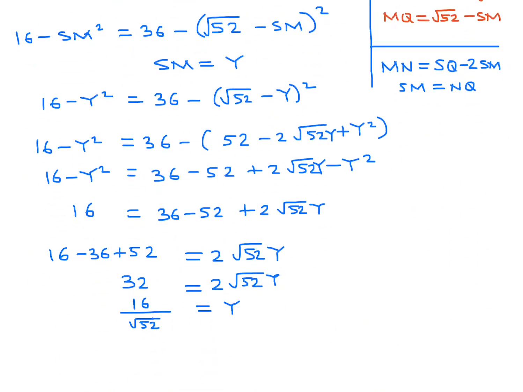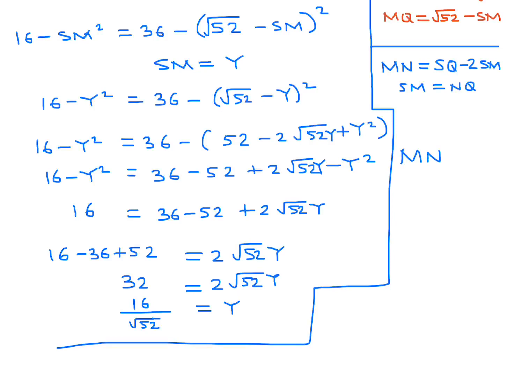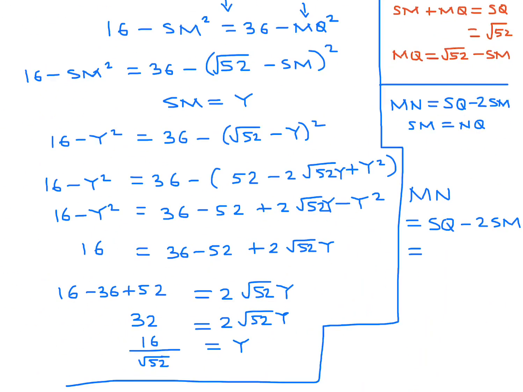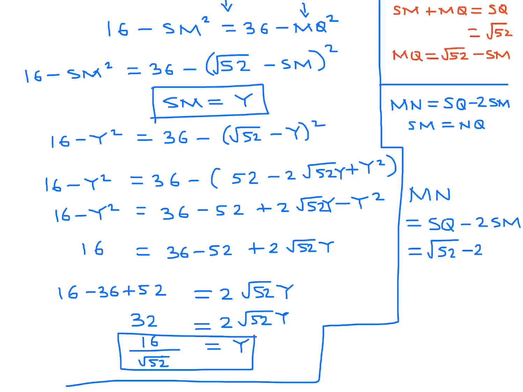Okay? So let's figure out MN. Therefore, finally, MN is equal to SQ minus 2SM. SQ we figured out way at the very beginning is root 52. And SM was y, and y is equal to 16 over root 52.